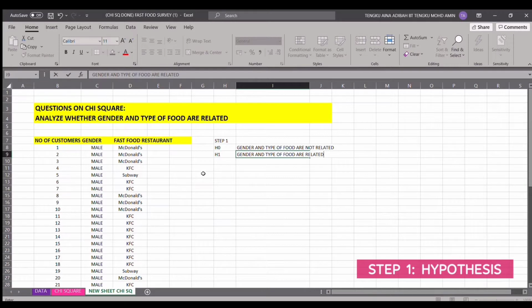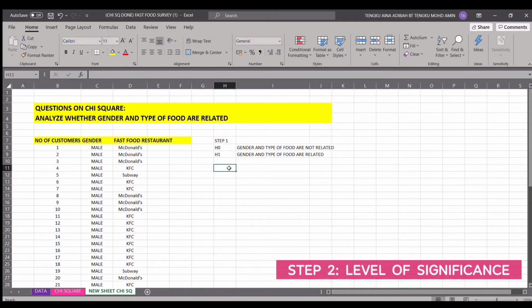So this is step 1. We will have to type in the hypothesis to investigate which of the hypotheses is true. In this method, we will use the chi-square method. Okay, let's go further to step 2.